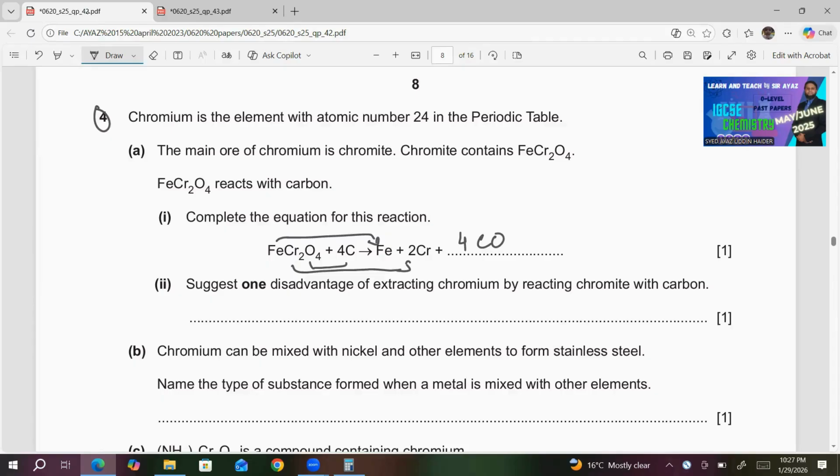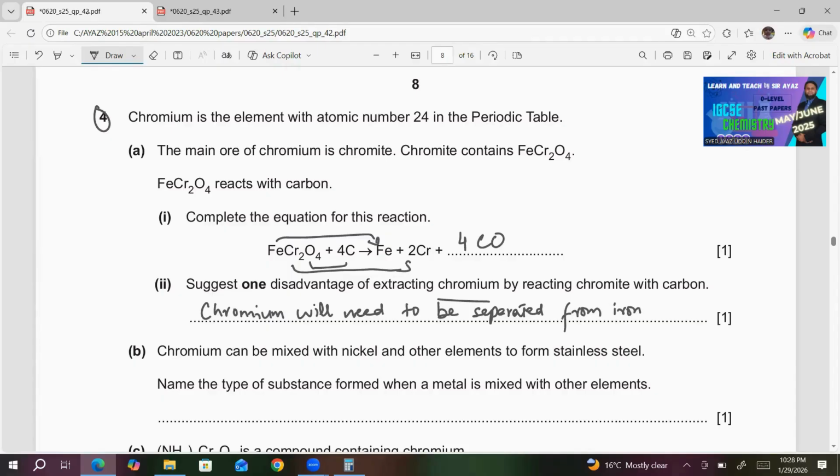1. Suggest one disadvantage of extracting chromium by reacting chromite with carbon. One disadvantage is that we are also getting iron beside chromium. So chromium will need to be separated from iron.